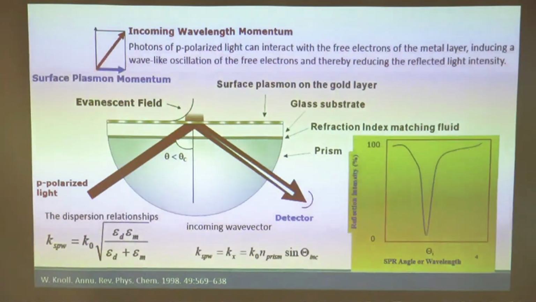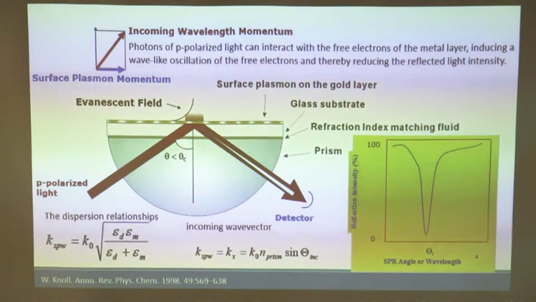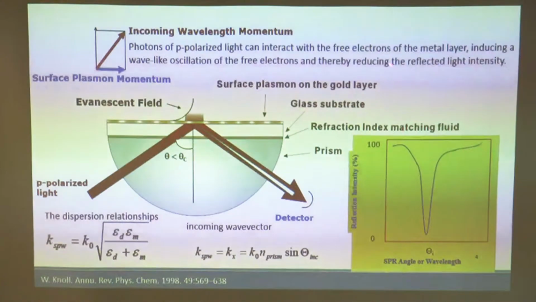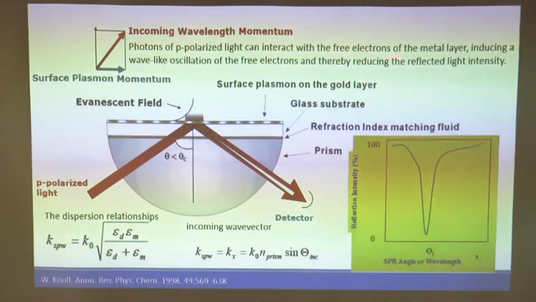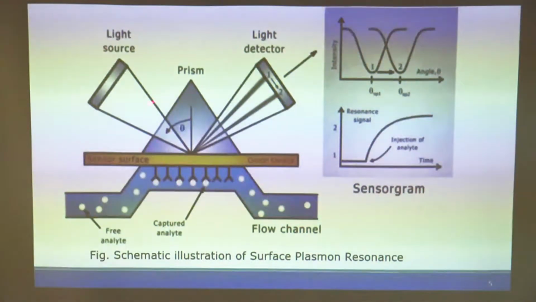This is coupled with the light, actually the photons, and the free electrons here. Particularly, I'm interested in the biosensing surface. So this is a gold surface.